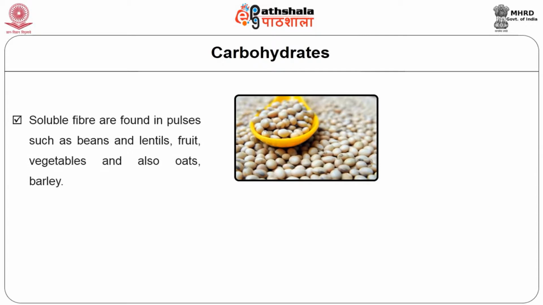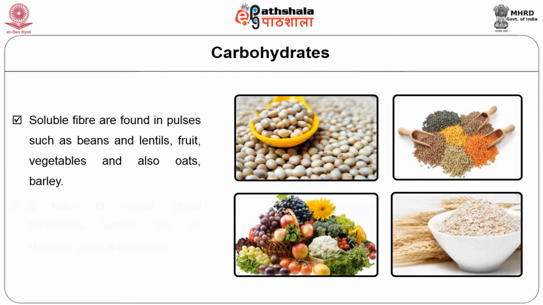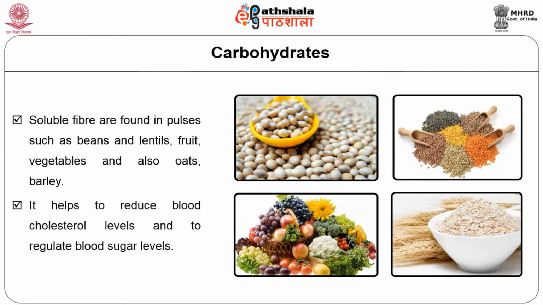Soluble fiber is found in pulses such as beans and lentils, fruit, vegetables, and also oats and barley. Soluble fiber helps to reduce blood cholesterol levels and to regulate the blood sugar levels.